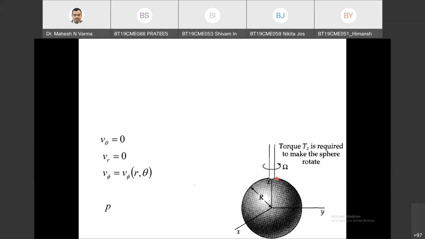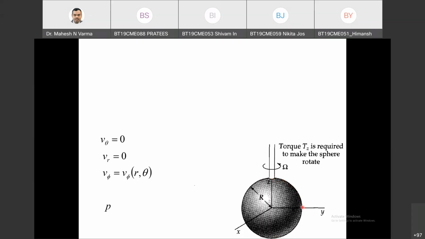So here the velocity of the fluid: it is rotating with angular velocity omega, so this will be r sine theta. It will be highest at this point, and going to 0 here. If I am moving in theta direction, it is increasing.